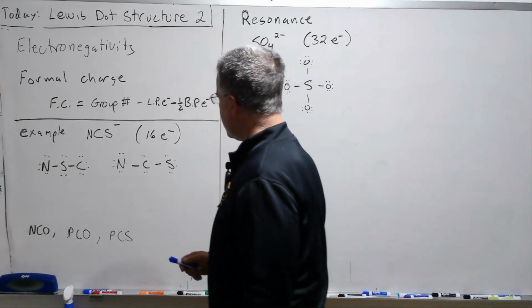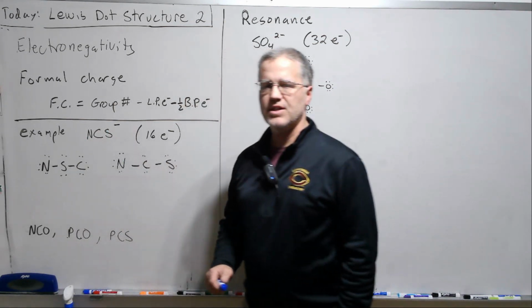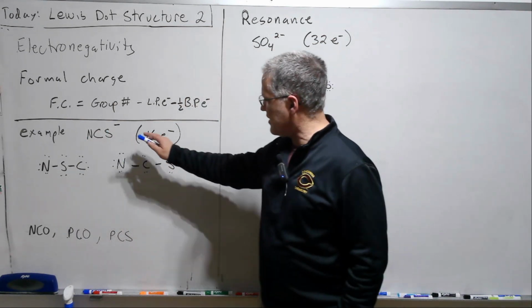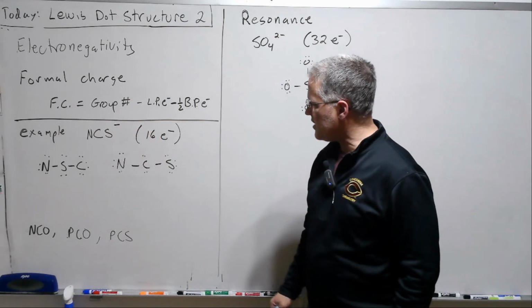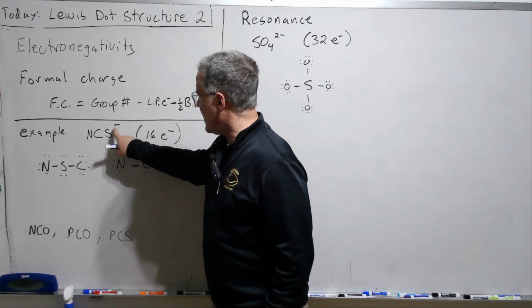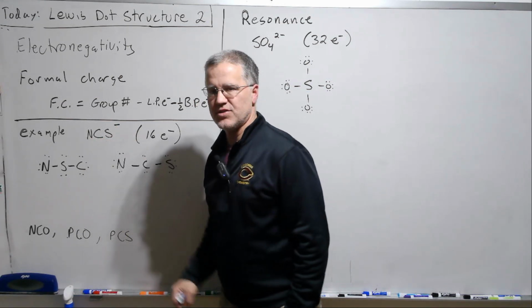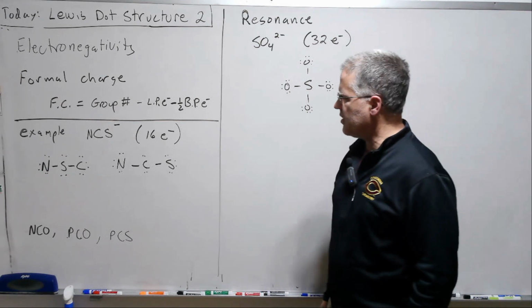So we'll start with this example of NCS minus. So if you could check that there are 16 electrons here. So 5, 4, there's 9, 10, and then 6 from the sulfur. 16 electrons. So let's go through our algorithm.